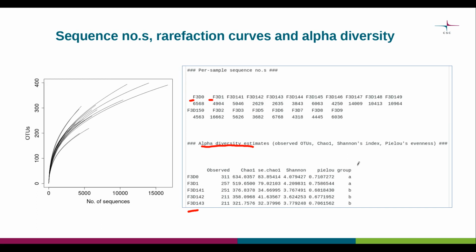Moving from left to right, we have several other columns, starting with observed numbers of OTUs. We also have columns for the Chao-1 index, which is an estimate of taxon richness based on abundance data, the Shannon Diversity Index, which takes into account both taxon richness and evenness, and Pielou's evenness.